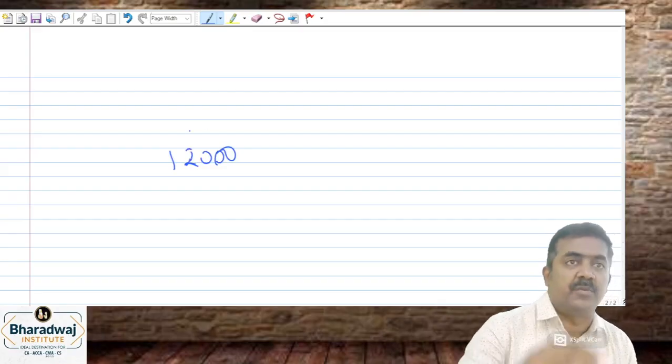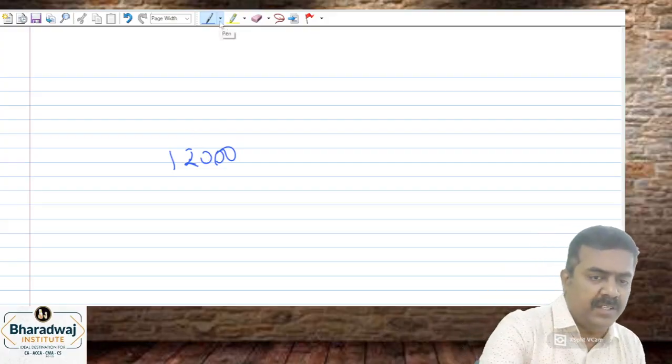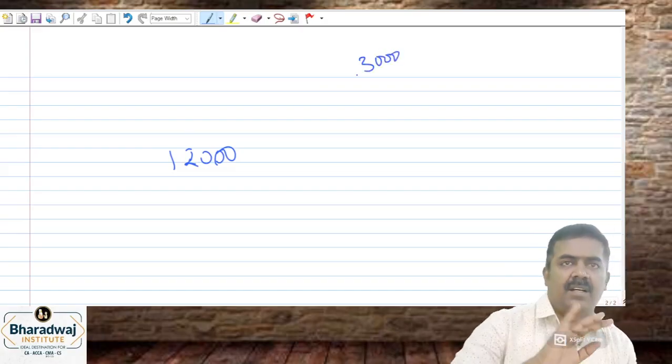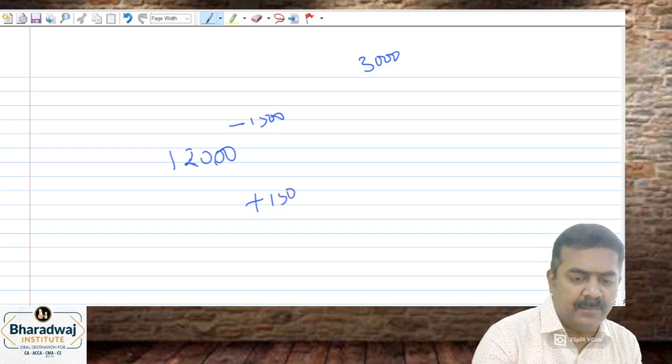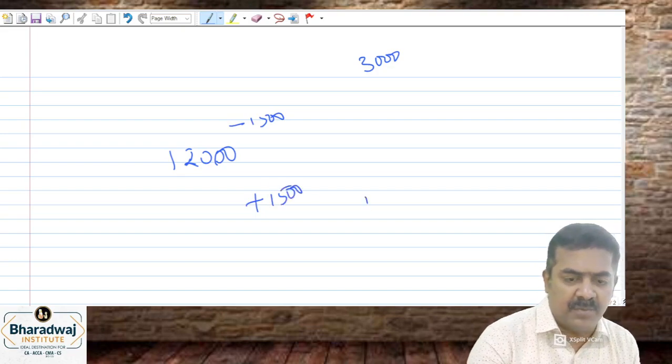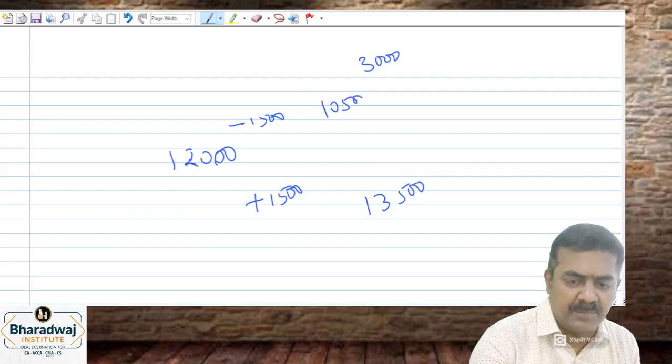What is the difference between opening stock and closing stock? 3,000. Cut the difference into 2. Minus 1,500 and plus 1,500. Adding plus 1,500 gives the higher value, 13,500. Minus 1,500 gives 10,500.